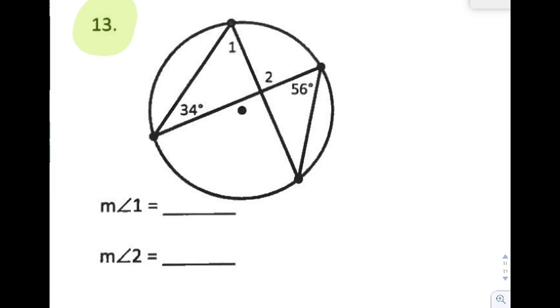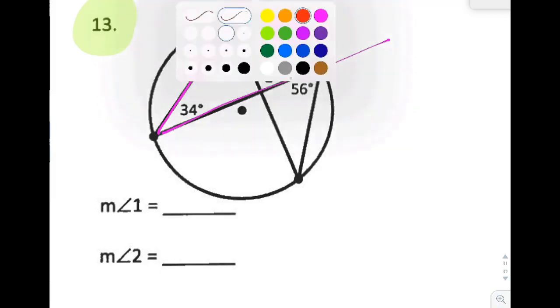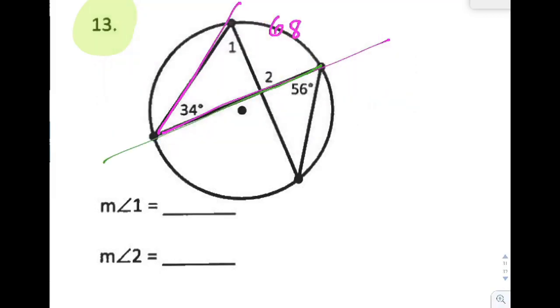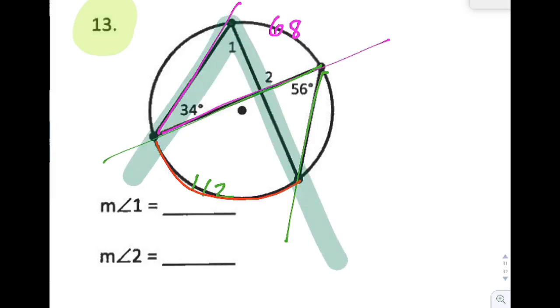We have to find this a little bit more indirectly. 34 opens up its inscribed angle to an arc of 68. 56 opens up to an inscribed, the inscribed angle opens up to an arc of 112, which means if I have this 112, that comes from that angle back here.